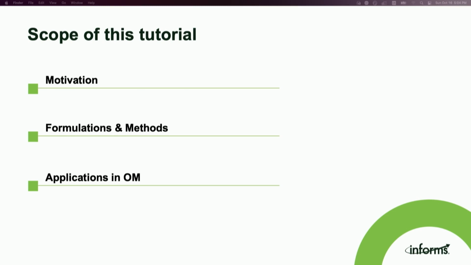I will also summarize the high-level ideas behind each method and what theoretical guarantees one could possibly achieve using each of them. In the last part of this tutorial, I will talk about applications in operations management using the methodologies that I mentioned in the second part. I will also demonstrate the empirical success and practical impacts of this topic.